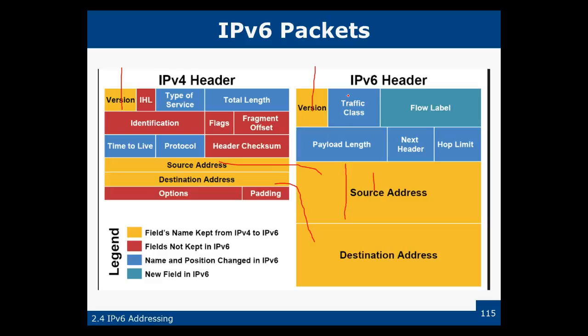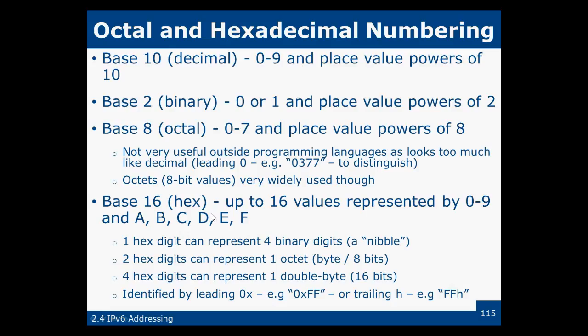The ones in blue are ones where the name and position changed in IPv6, but they still do the same thing. And then we have a new field here, the flow label in IPv6, which is going to be our quality of service, so that we can control what goes on in the system.